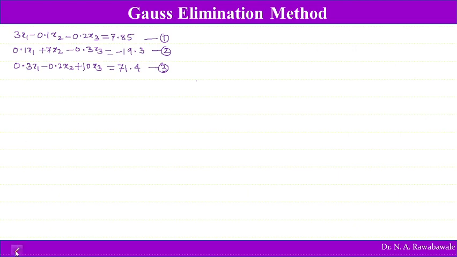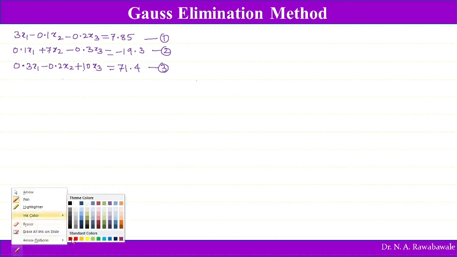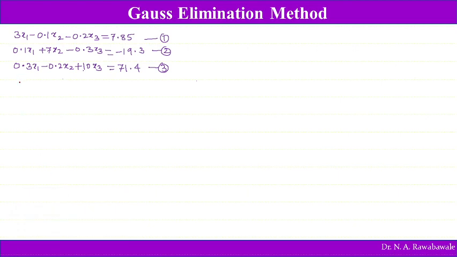So we'll write equation number 5, that is 7.003333x2 minus 0.2933x3, which is equal to minus 19.561666.